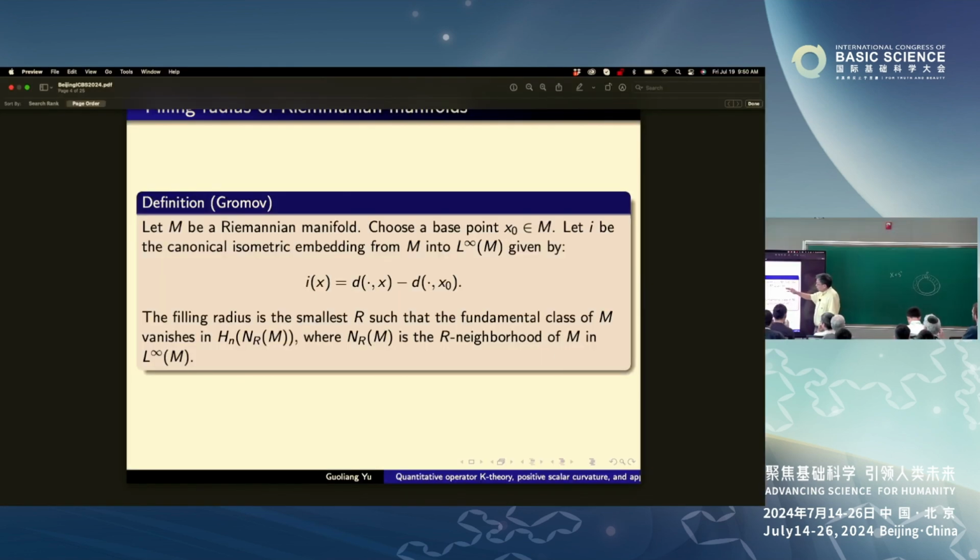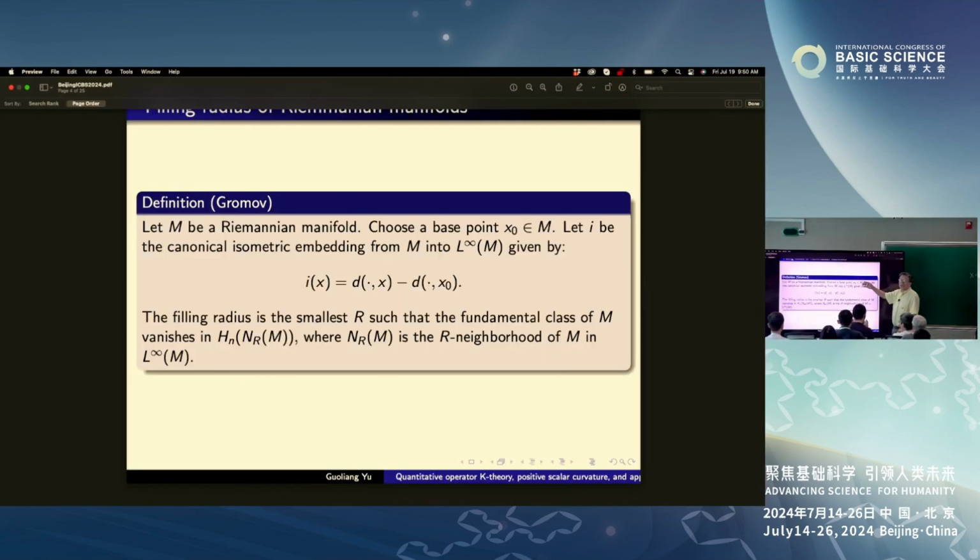You can embed any metric space into this gigantic metric space. That's the formula. This is an isometric embedding. So this space, L infinity, is really a black box. Any geometric object you have, there is an isometric copy in this huge space.